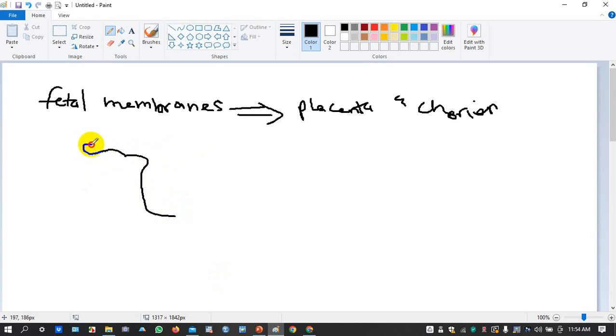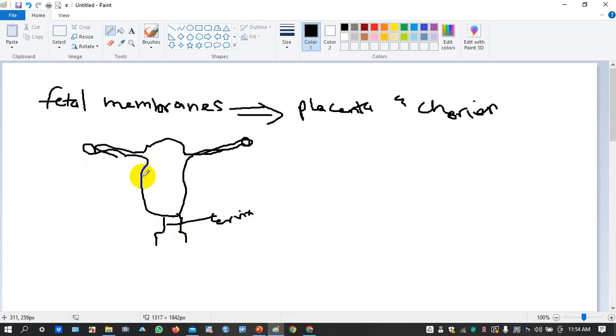You can see this is the fallopian tube, this is the uterus, the fundus of the uterus is here, then another fallopian tube, and then we come to the uterus, then the cervix, then the vagina. Okay, so the cervix is here. These are the ovaries, these are the fallopian tubes.